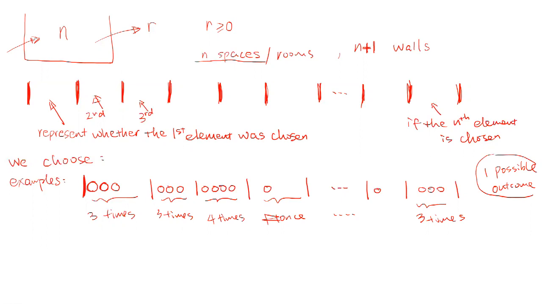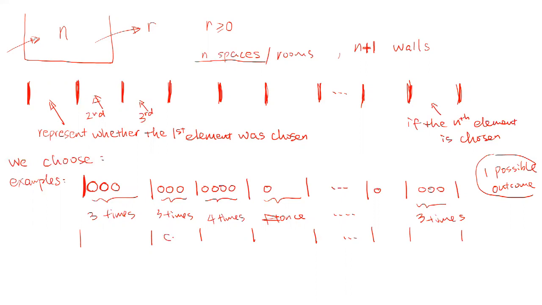Can you write another possible outcome? Of course we can. For example, we have the walls here. Another possible outcome would be, for this time, element 1 got not so lucky. It hasn't been picked any time, so there is no circle here.